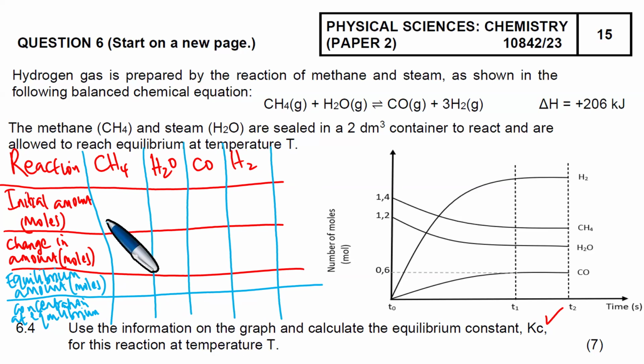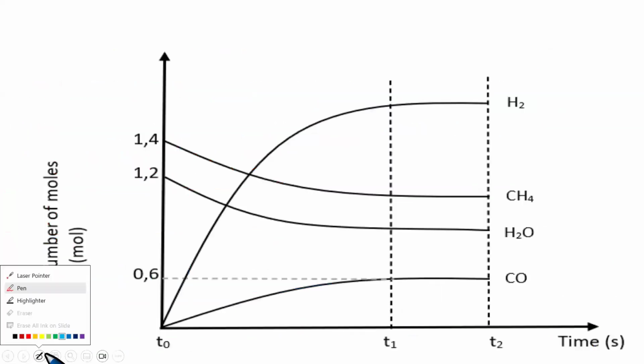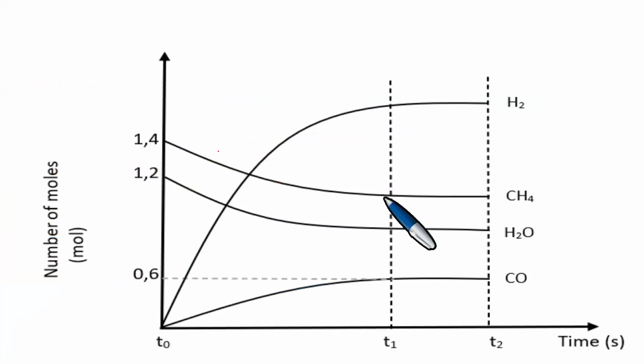Now, we look at this carefully. We start with CH4 and water. If you look at this graph very carefully, initially CH4 is 1.4 moles. Meaning this is the initial number of moles of methane gas.